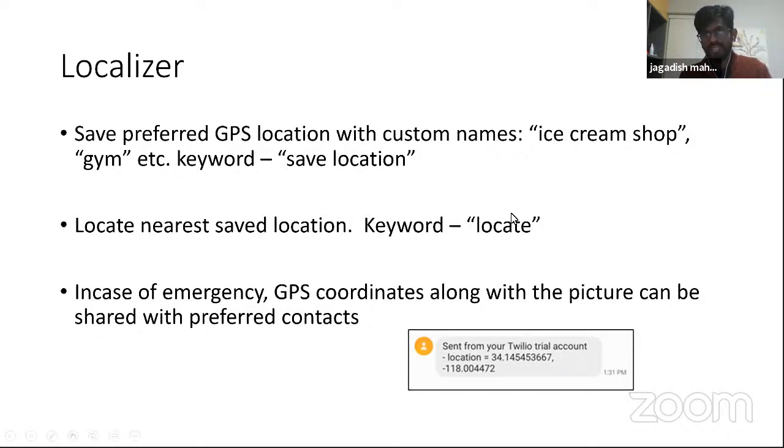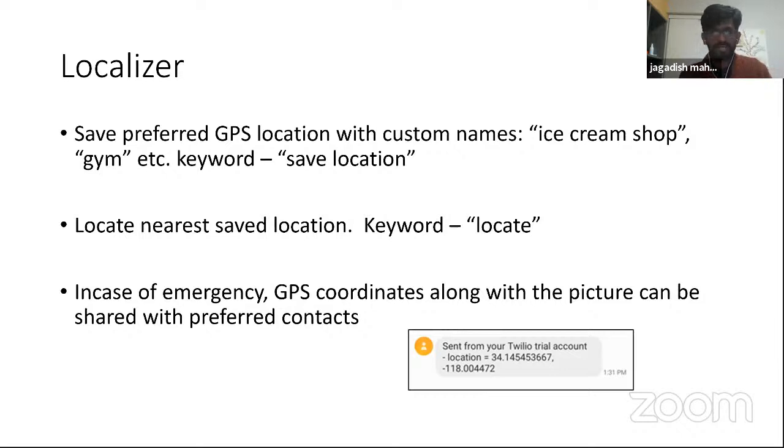In case of emergencies, using the keyword locate, the user can request the system to locate themselves by using the saved locations. For example, the system can tell the user they are so-and-so meters from, let's say, an ice cream store, or so-and-so meters away from Walmart.